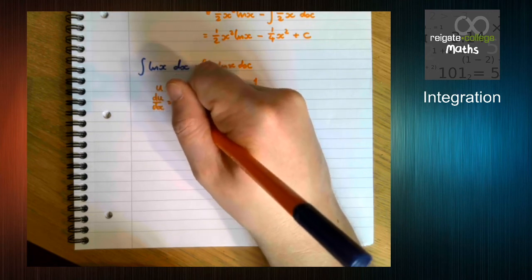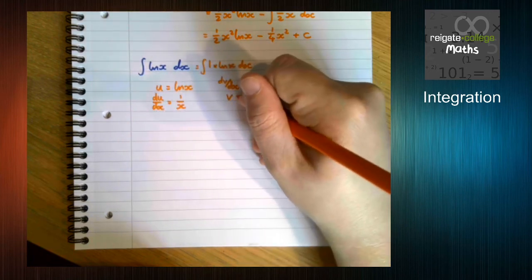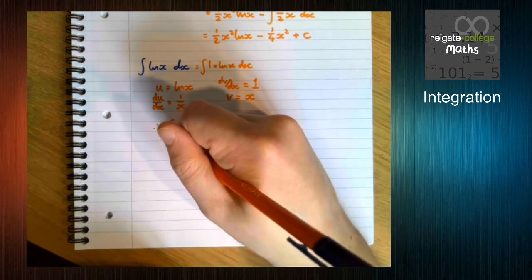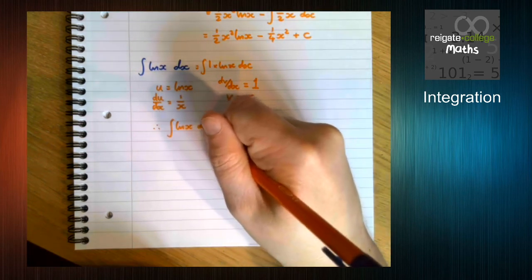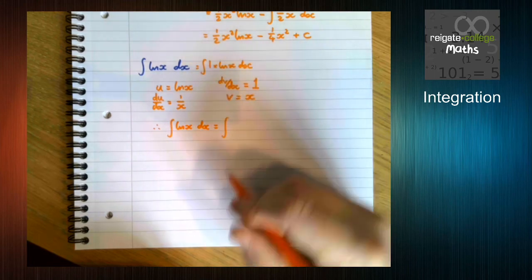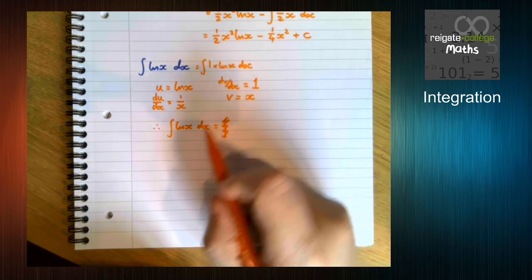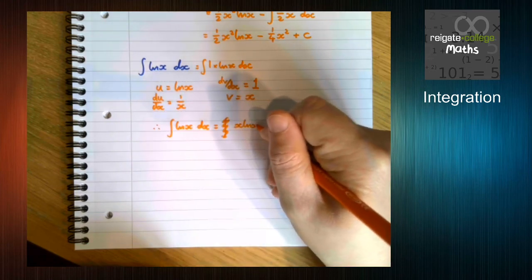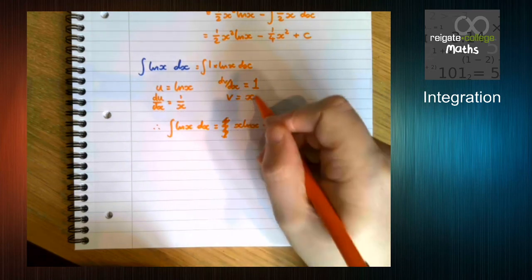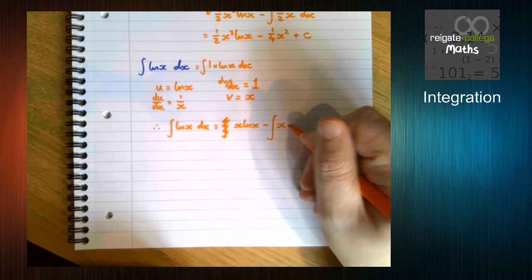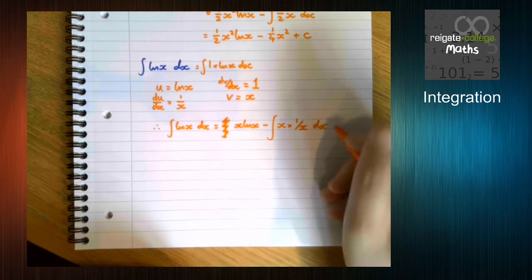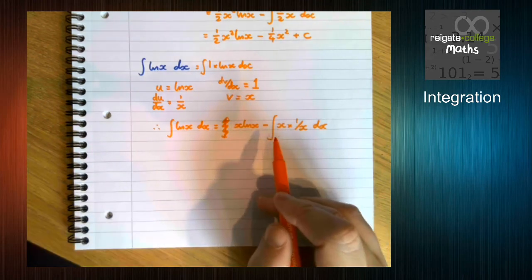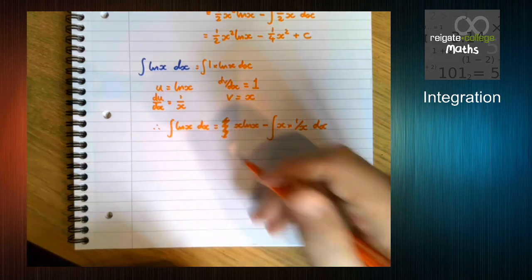Once you've got that step, the rest of it is exactly the same. So the integral is uv minus the integral of v du. Now I know that this cancels to 1, but you need to show use of the formula. Don't skip steps here.